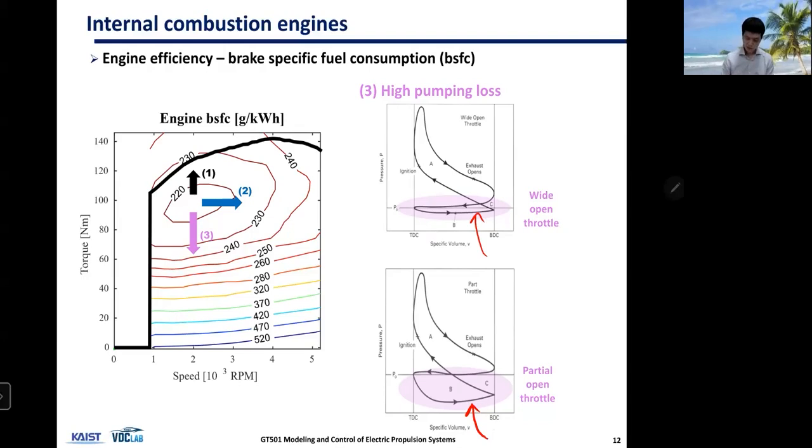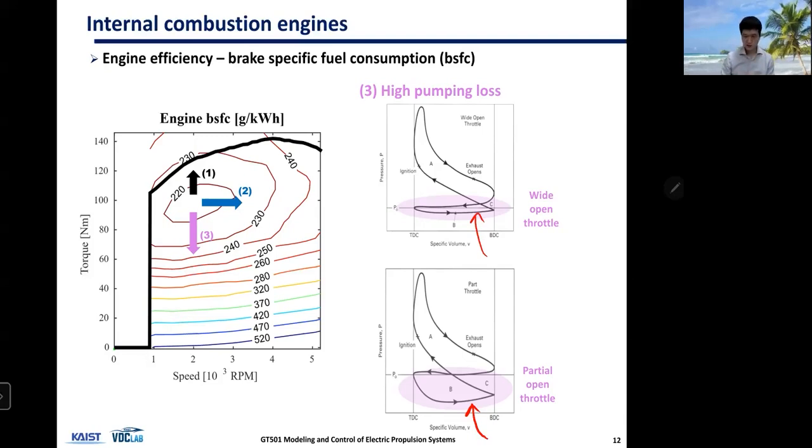But when you open the throttle, meaning that when you do not block the intake manifold, you don't have a lot of pumping loss, because air can flow in freely.